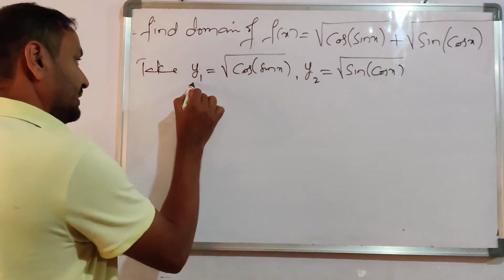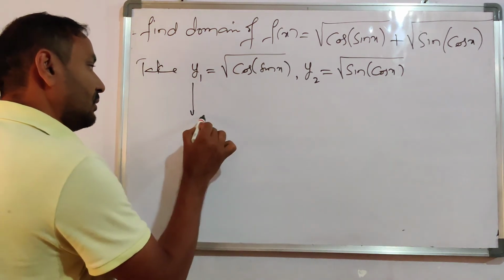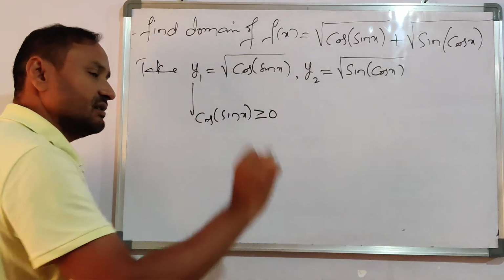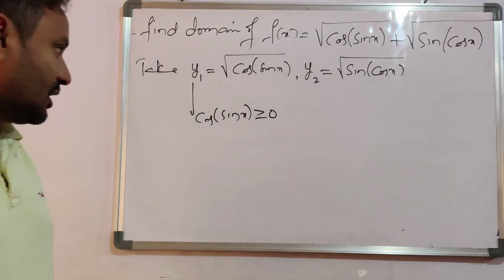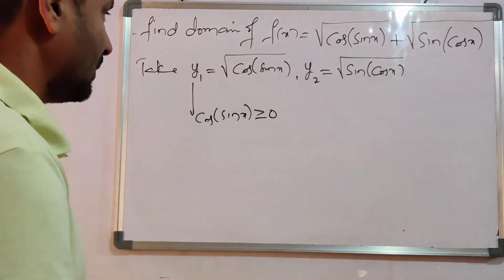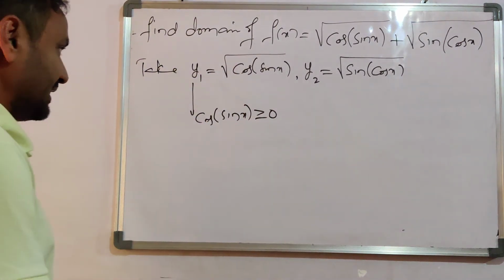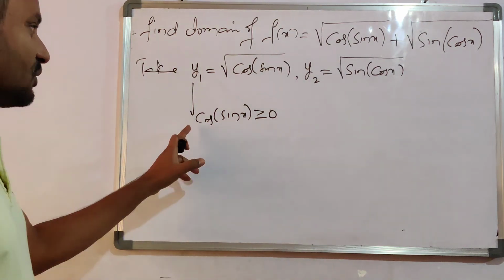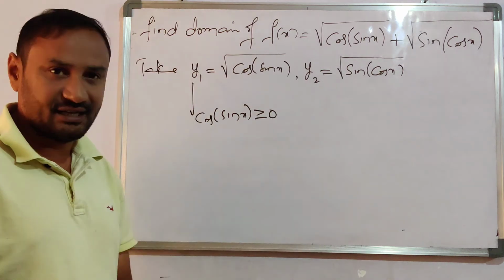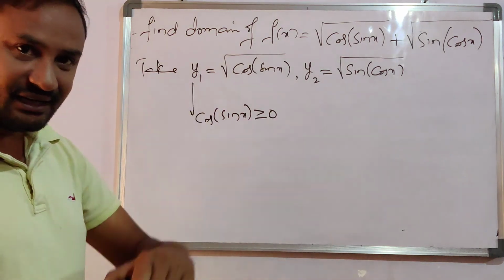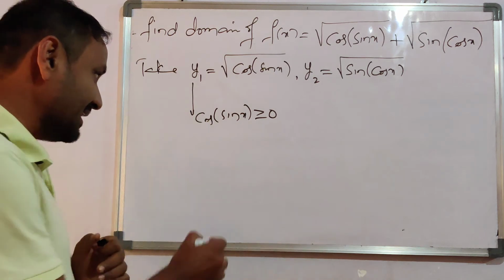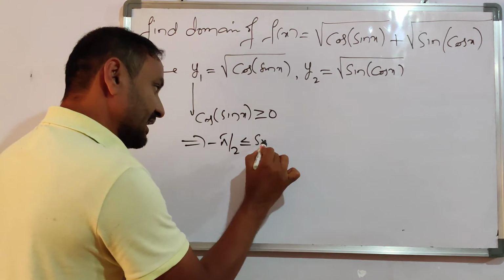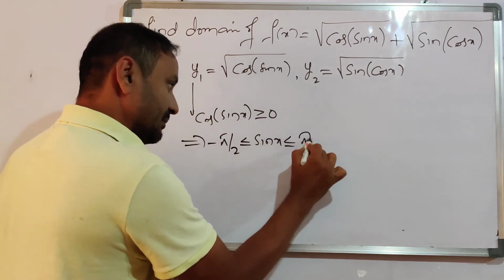From this, cos of sin x, it is in the numerator, it is always greater than or equal to 0. Cos of sin x greater than or equal to 0. Cos of sin x always positive. In which quadrant is cos of sin x greater than or equal to 0? Fourth quadrant and first quadrant. That means minus pi by 2 less than or equal to sin x less than or equal to pi by 2.